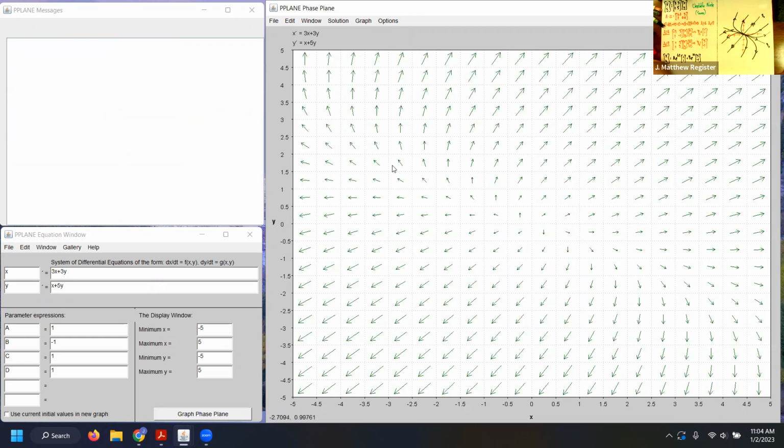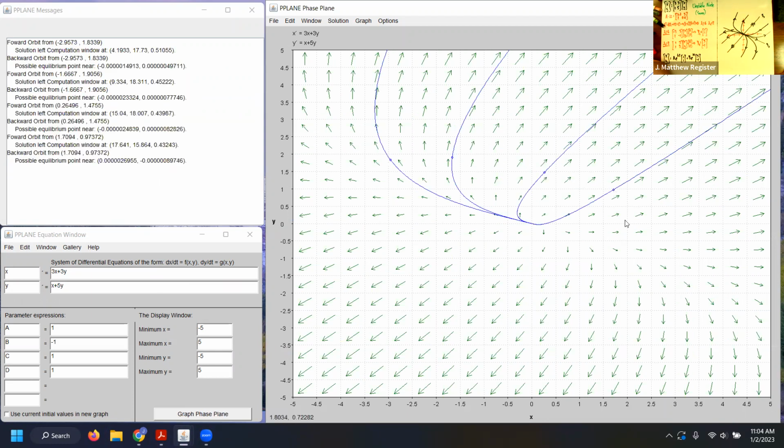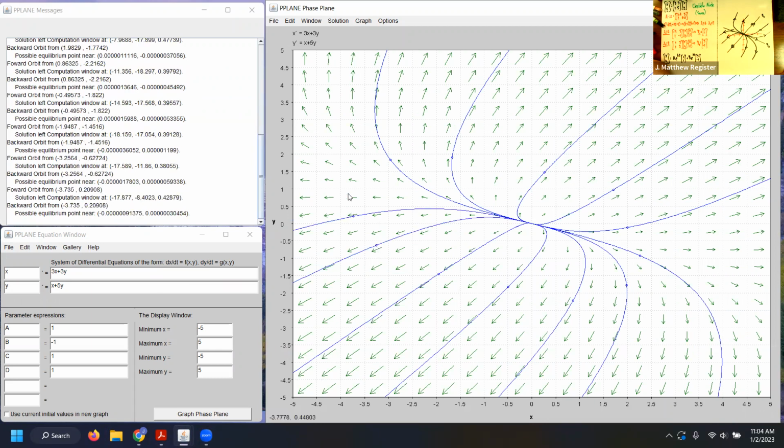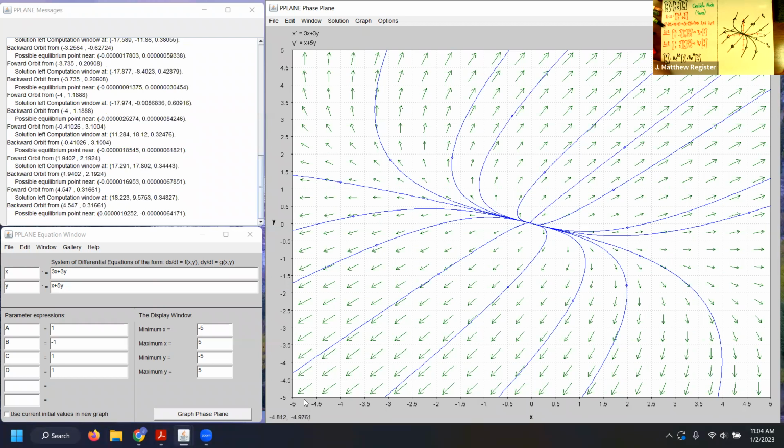We are graphing it, and we can see what the behavior looks like. And it is precisely the behavior we thought we were going to get. And so that's how we graphed that one. That was an unstable node.